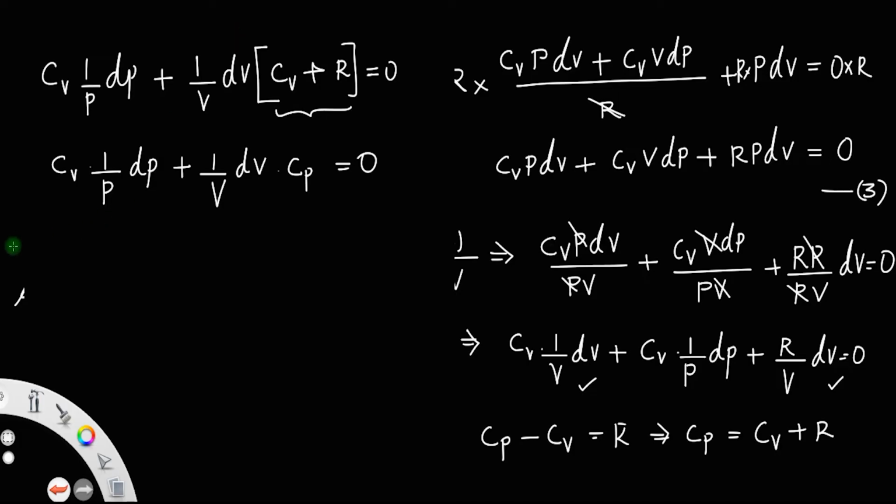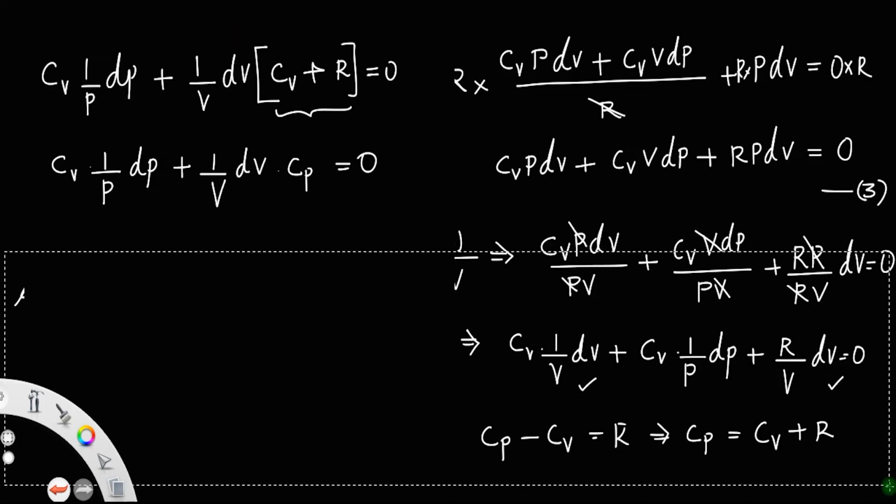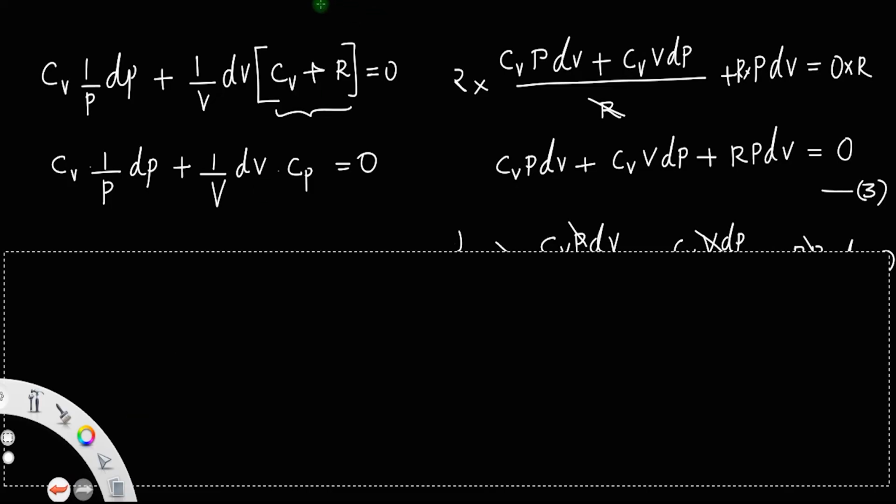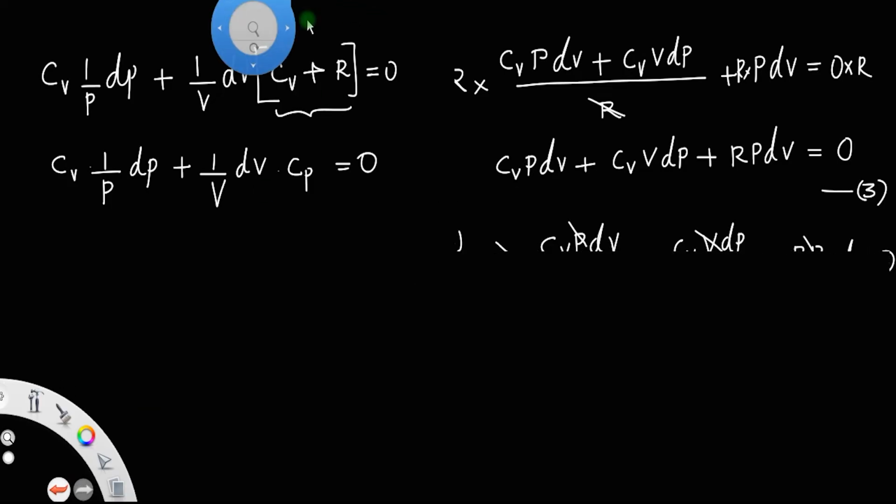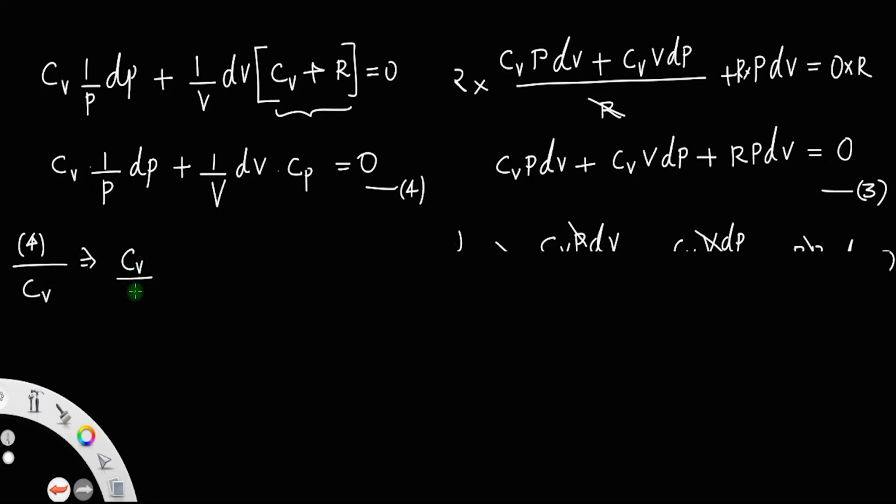Let's call this equation number 4. Now let's divide equation 4 with Cv. You'll get Cv by Cv into 1 by P dP plus 1 by V dV into Cp by Cv equal to 0.